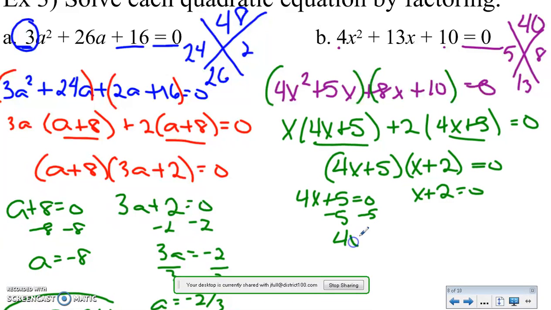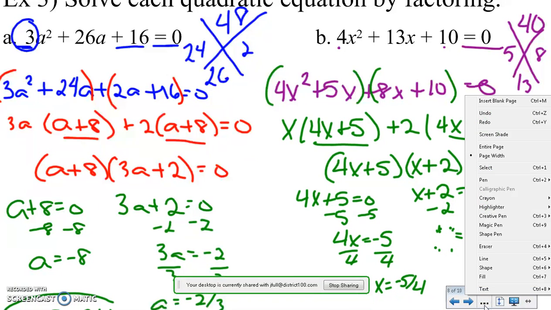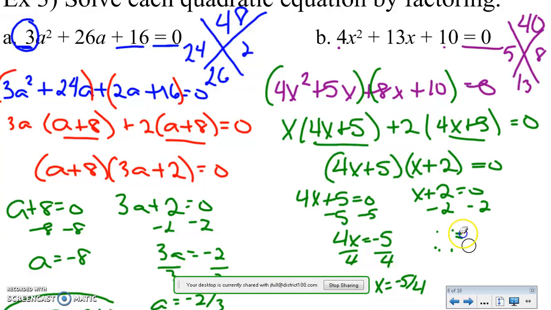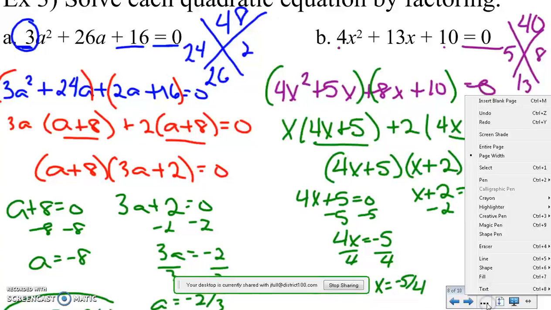So if we subtract 5 from both sides, and subtract 2 from both sides, so let me write right there. Let's try that again.